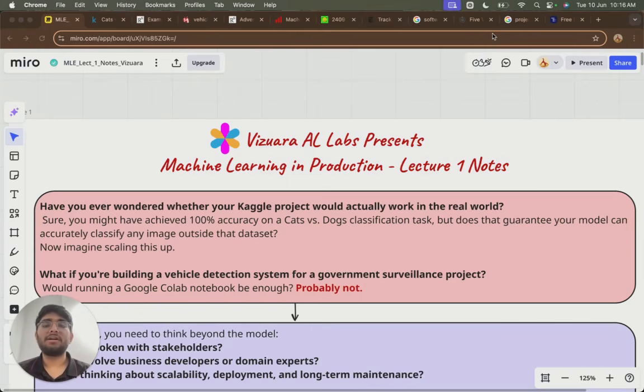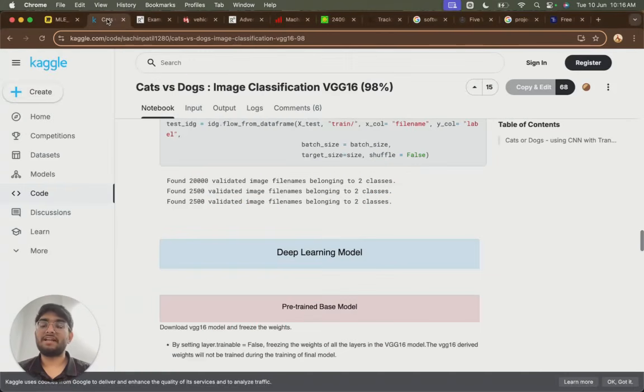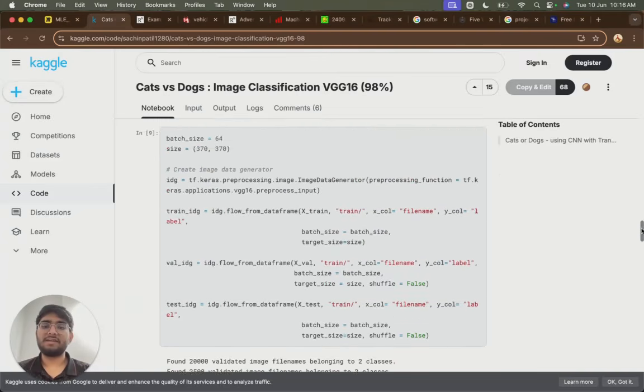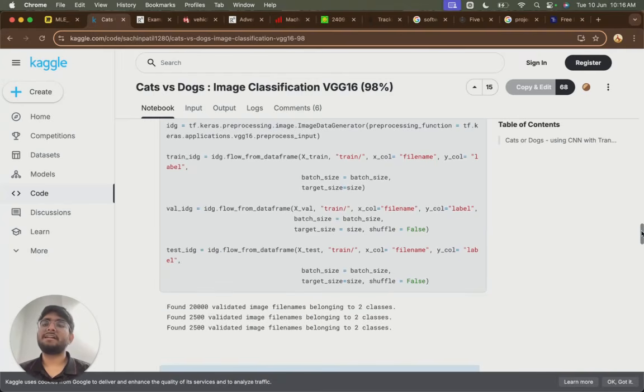But have you ever wondered, is that cat versus dog classification task enough with that given accuracy? As you can see here in a notebook, cat versus dog, where they have achieved 98% accuracy.